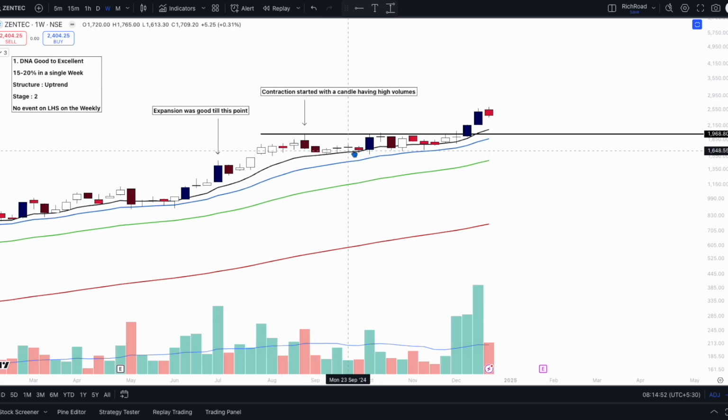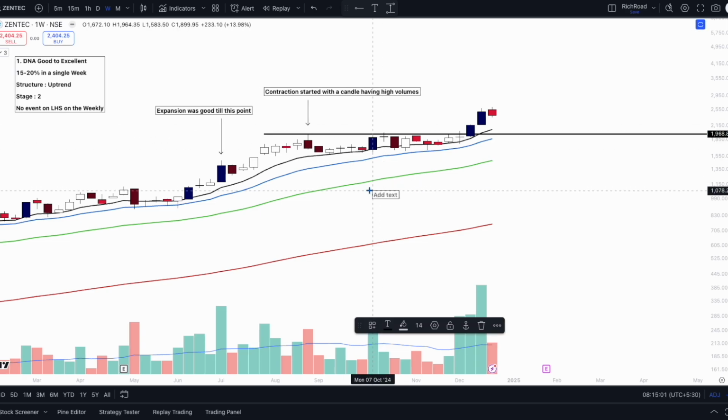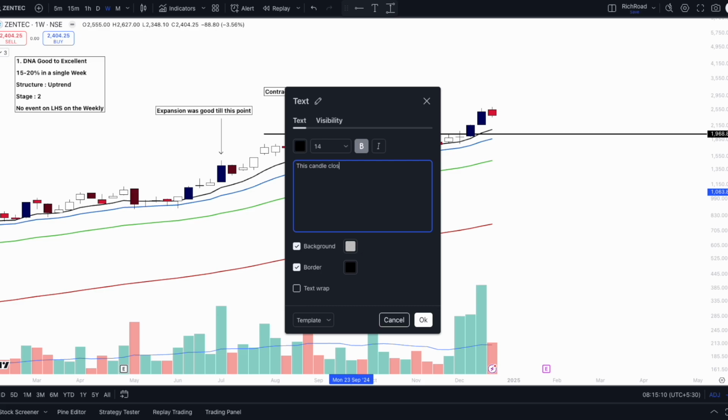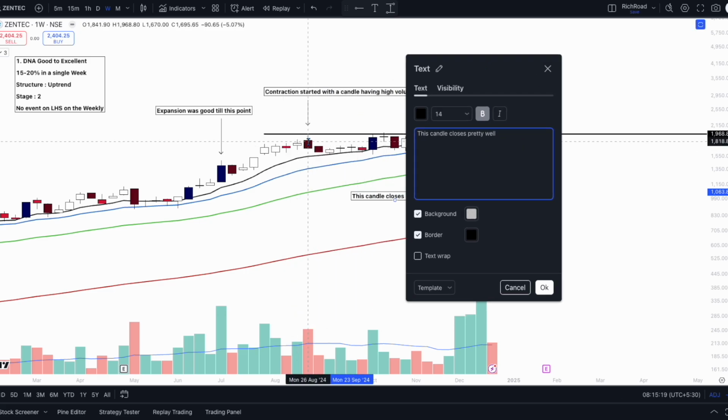Now, once we are clear on that, after this, what happened? Will you look to buy here? Certainly not. Especially when I'm treating the weekly as STF as of now. Then what happens? Then take a note of this candle, this one over here. What does it do? This candle closes pretty well in this territory, in the territory where the contraction started with the candle having high volumes.